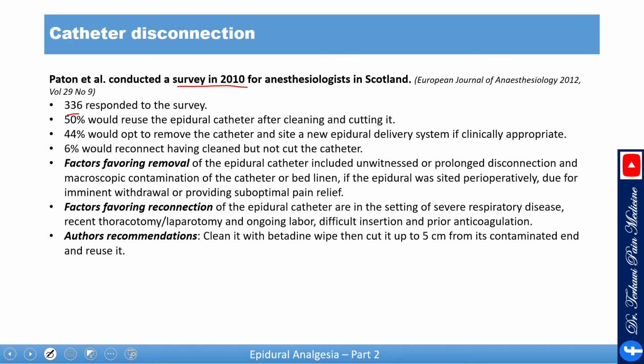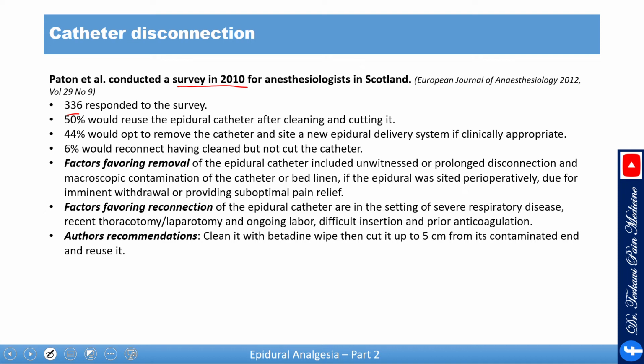Factors favoring removal of the epidural catheter include unwitnessed or prolonged disconnection, and macroscopic contamination of the catheter or the bed linen. If the epidural was sited perioperatively or is due for imminent withdrawal or providing suboptimal pain relief.